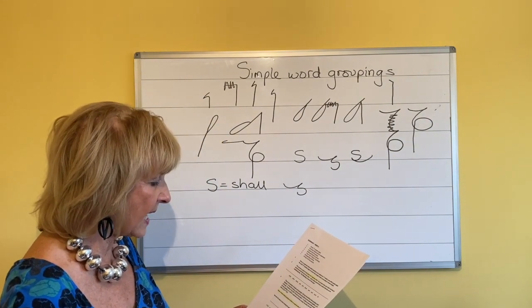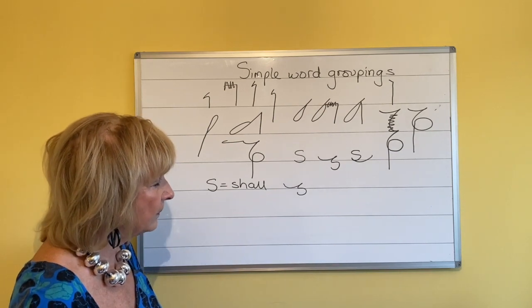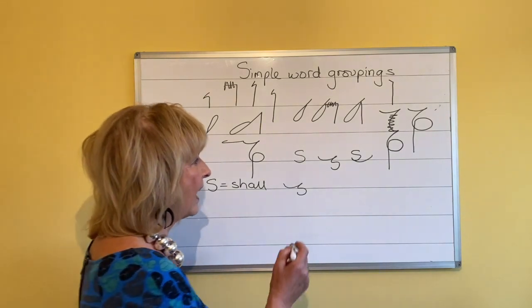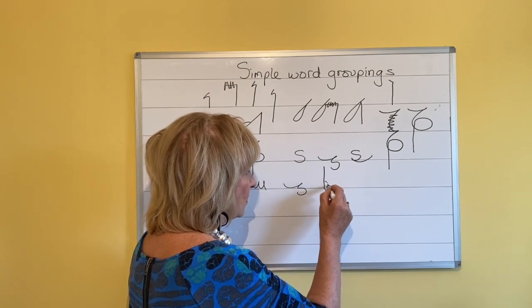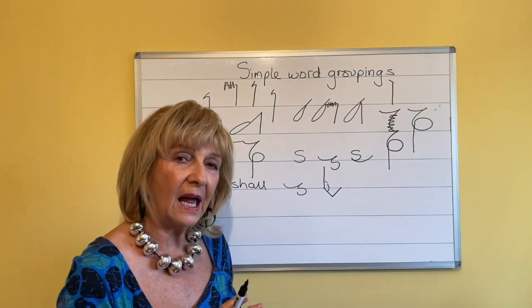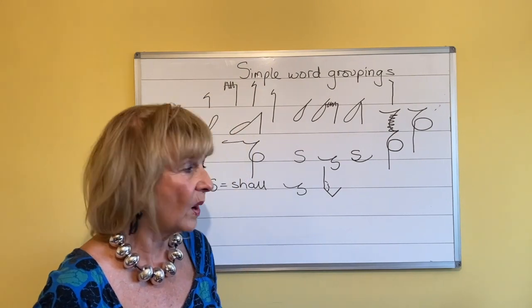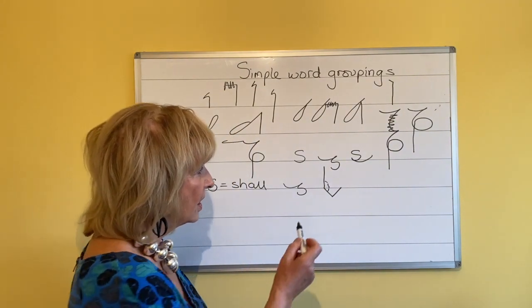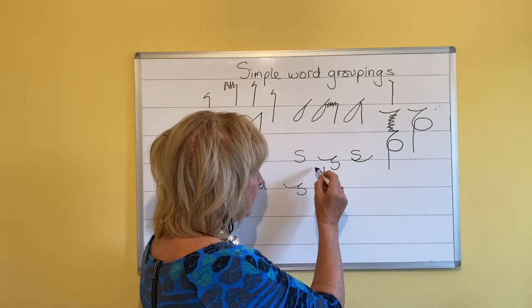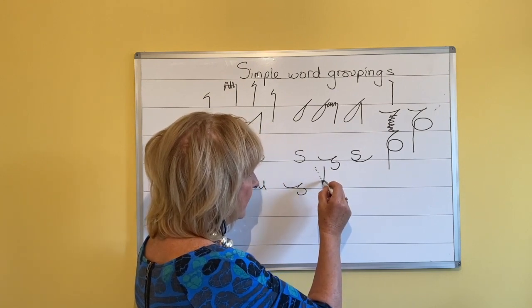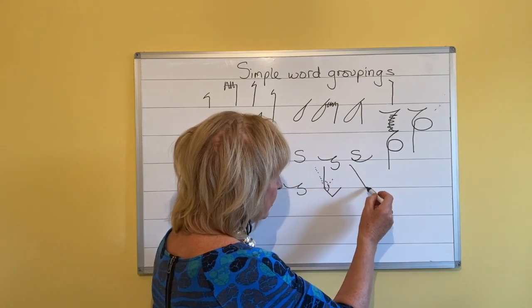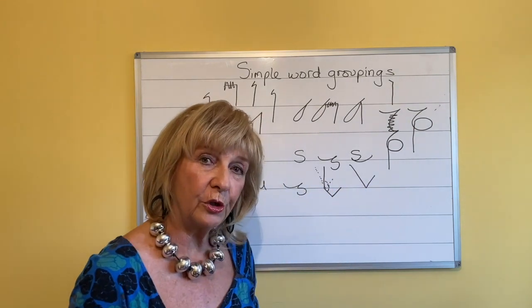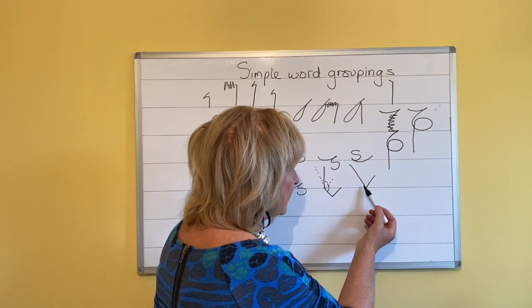So when we want to say we shall have the, we want an H and a V for have. Now if I did this, H followed by V, I've got this wide angle. And in T-line, we want to avoid that wide angle at all costs. So when we write the word have, all we do is we slope the H and finish on the line and up with the V. So have becomes this. But when it's in a word grouping, we can reduce it to the V only.